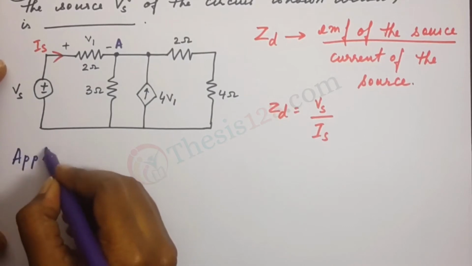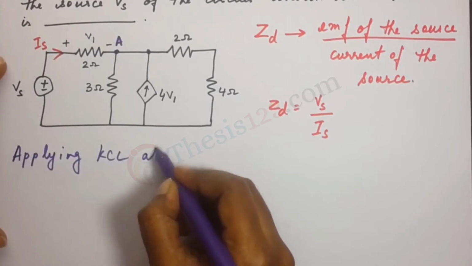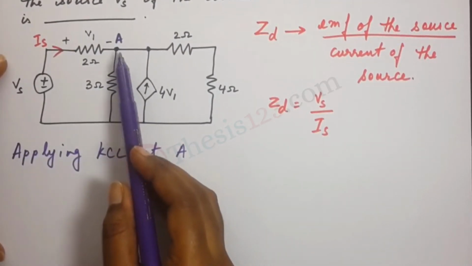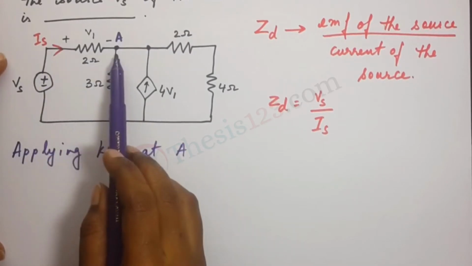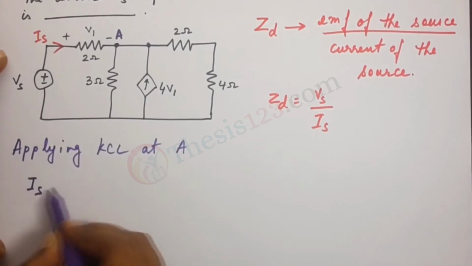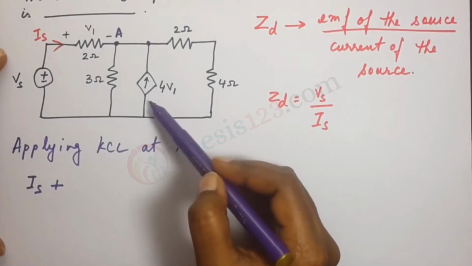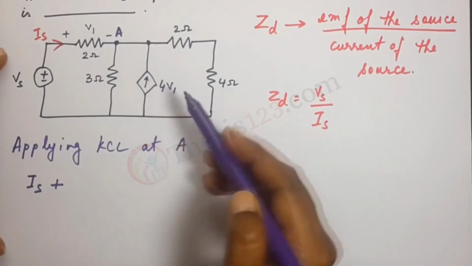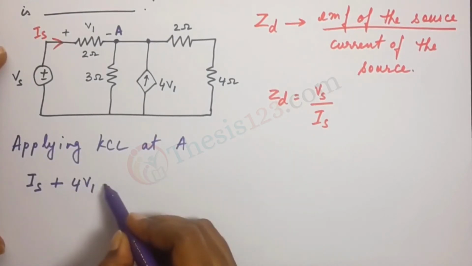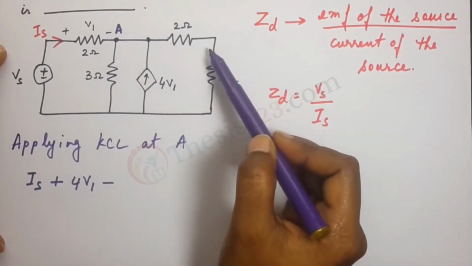Applying KCL at point A. Okay, let's see. We see that Is is through that branch there, Is plus. Now here we have a current source and the direction of current is upward, therefore it would be plus 4V1. Minus, now we are going to take a look at this branch and this branch here.